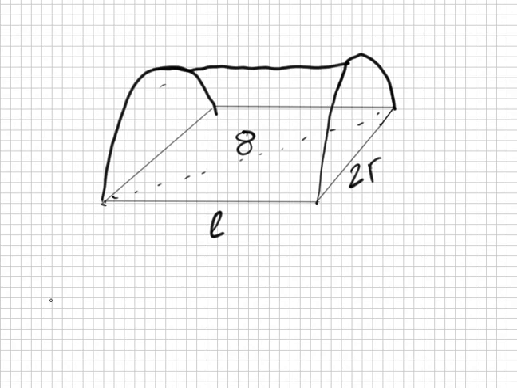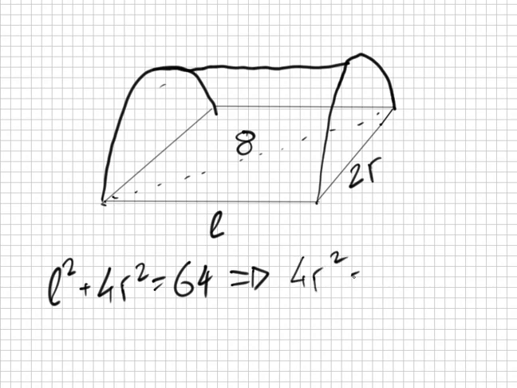L squared plus 4R squared equals 64. So therefore, we could say 4R squared equals 64 minus L squared. So R squared equals 16 minus L squared.